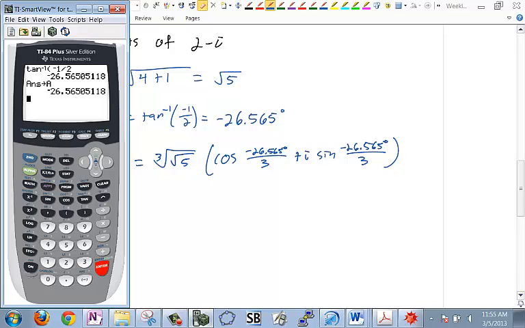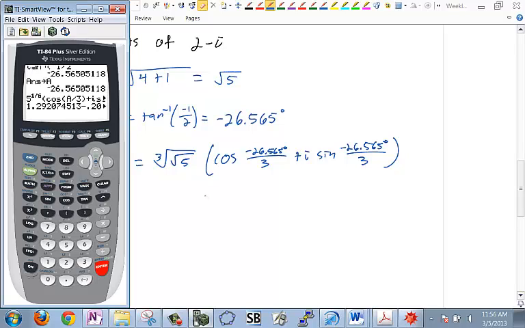So if we type this in our calculators, that ends up being 5 raised to the 1/6 power cosine A divided by 3. Now, I have my graphing calculator, so I'm going to cheat, which you couldn't do. You had to do this in 2 separate steps, right?